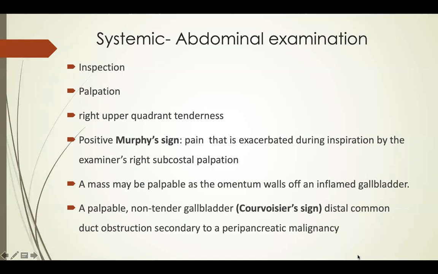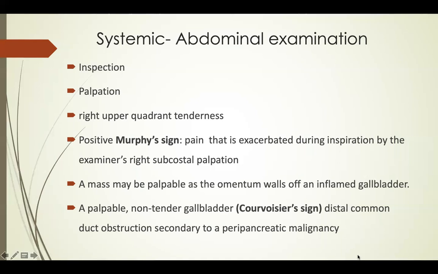Sometimes you can feel a mass if the patient is going to develop empyema of the gallbladder, because it is a natural phenomenon in our body. Whenever there is inflammation, surrounding structures, especially the omentum, come to that area to wall off the infection, and then a vague mass-like feeling will be appreciable at that area.